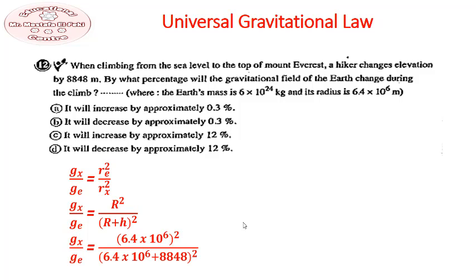By substituting the numbers into the relation, the ratio between the gravity at this height x to the gravity of the Earth is 0.99 times 100. The percentage is 99.7%. Then it decreases by 0.3%.